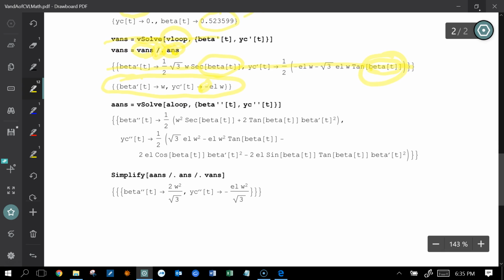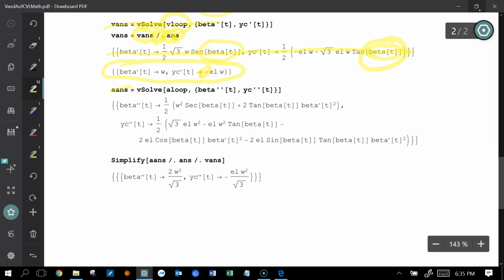How do you get the acceleration? For the acceleration, you solve the A loop for the double dots. Here you solve the one dot; out of this one you solve for the double dots. So here's your beta double dot, here's your YC double dot. That'll be the acceleration. Notice that there's a beta in there, a beta dot in there, and there should be a Y dot.